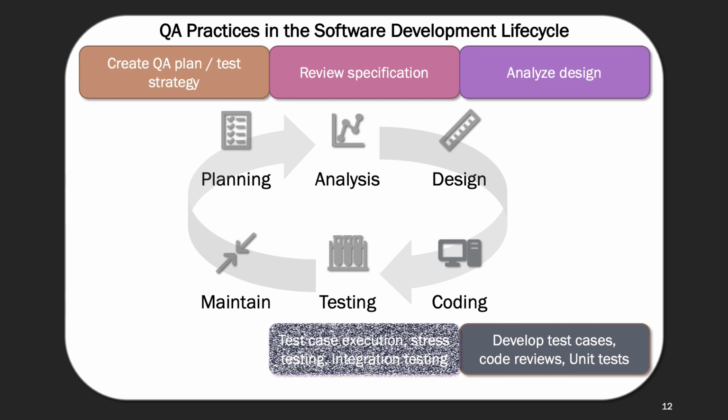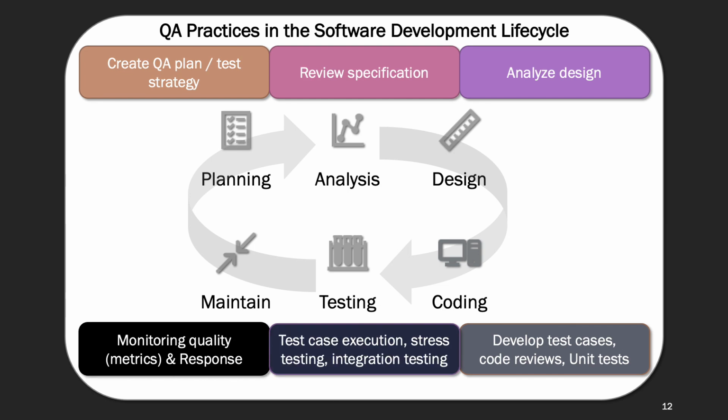Instead, software engineering practices need to prioritize the application of techniques in which enforcing software quality is already incorporated. And this has to be done in all phases of the software development lifecycle. For example, during the planning phase, a quality assurance plan and test strategy are created. Later on in the analysis phase, the specifications are reviewed for quality.